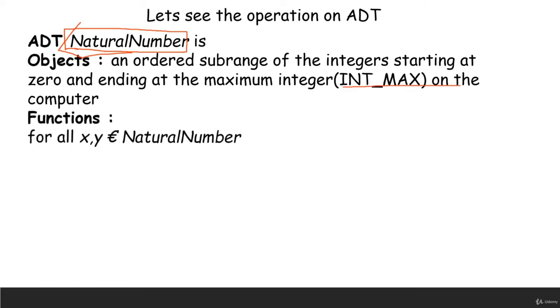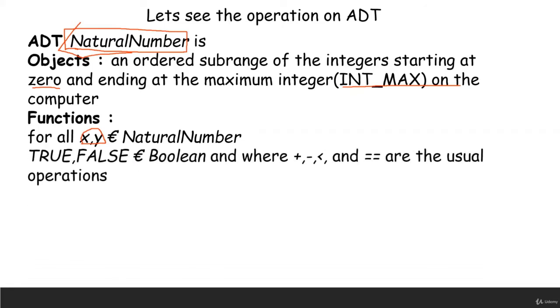Functions. Objects I have defined will be my natural numbers, an ordered subrange of integers starting from 0 and ending at the maximum integer which you want. And the functions which we are going to perform belong to natural numbers.